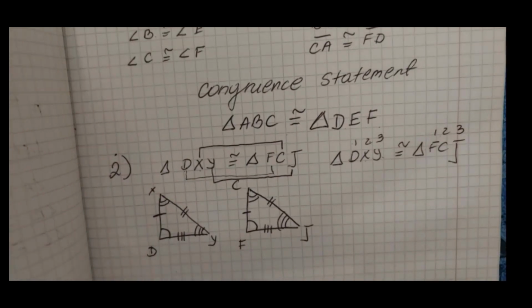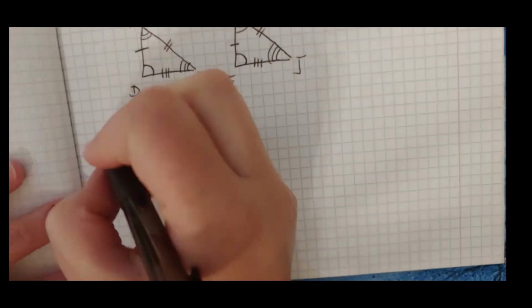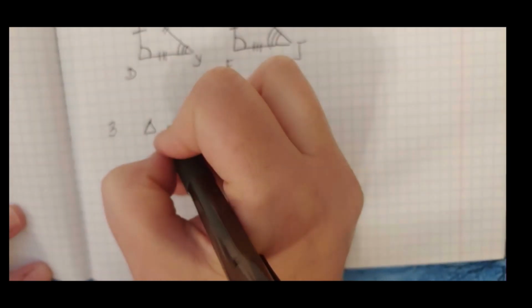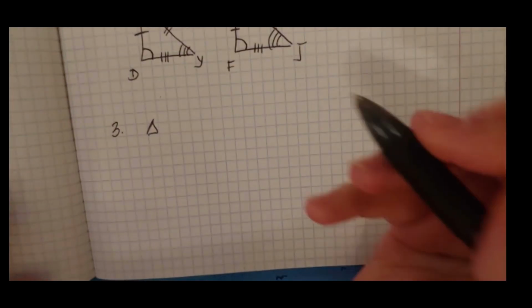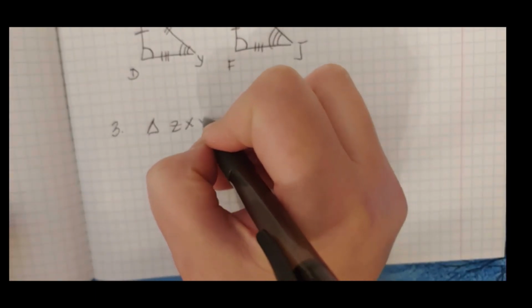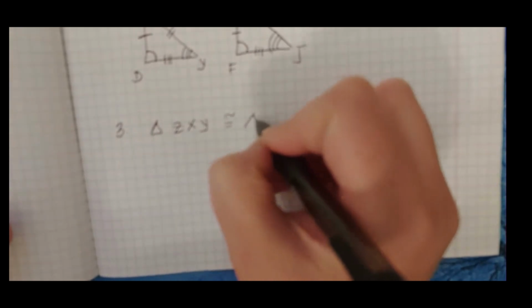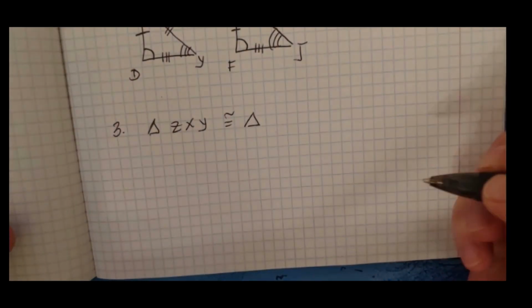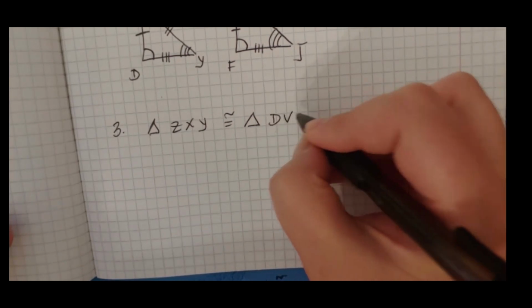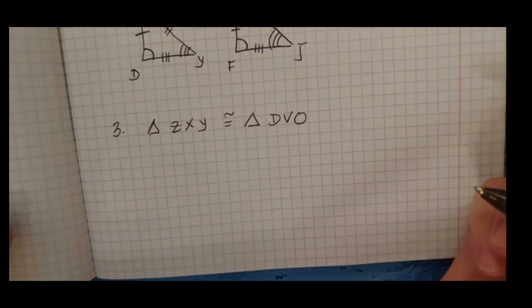One more thing: without drawing, they can ask you to list corresponding angles and sides. So given triangle ZXY is congruent to triangle DVO, I don't want to draw it.